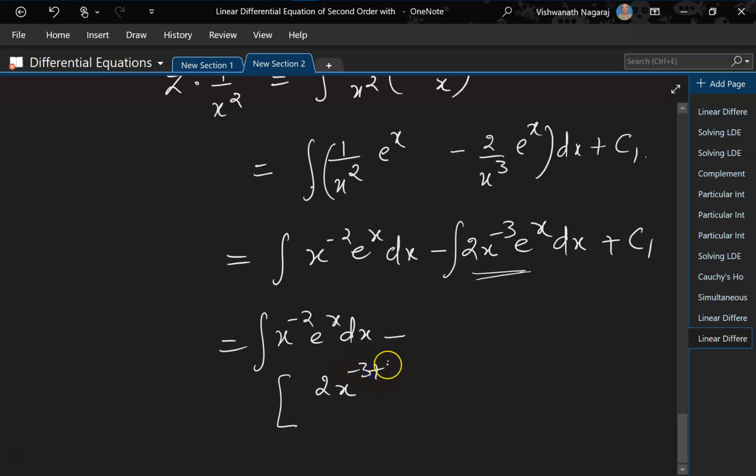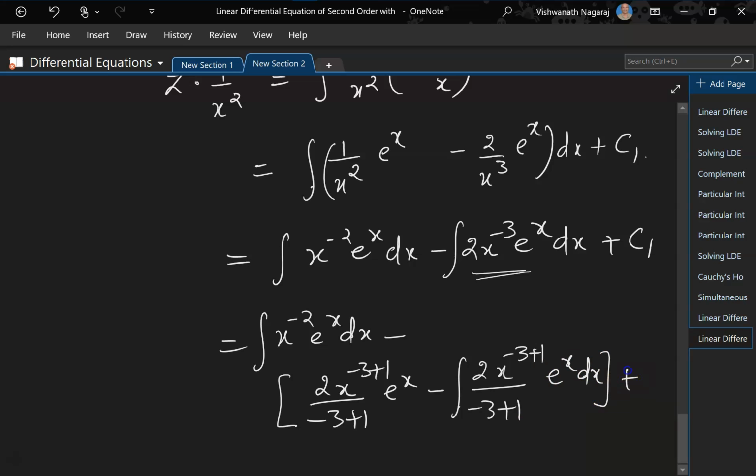So minus 2x to the power of minus 3 plus 1 by minus 3 plus 1 e to the power of x, minus the integral of the differential, 2x to the power of minus 3 plus 1 by minus 3 plus 1 e to the power of x dx, plus c1.